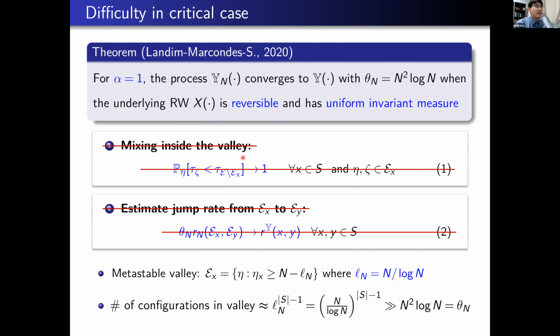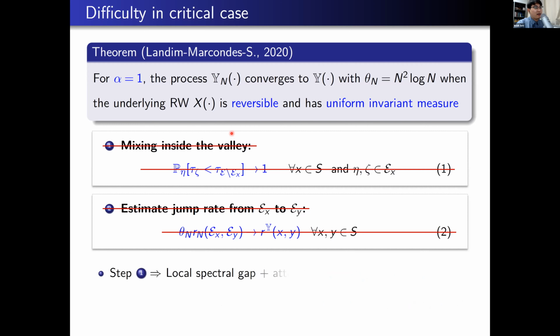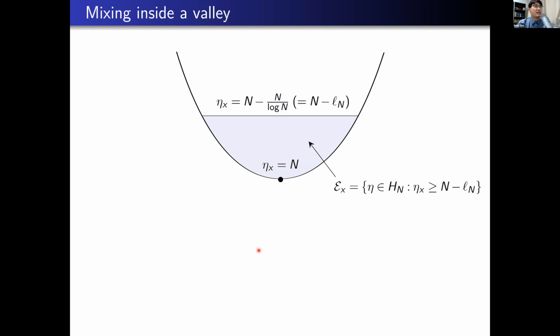So we have to replace them in other results, and we replace the first one with local spectral gap and certain attracting property. Let me explain why. Now we cannot expect this kind of strong notion of mixing. So we prove a slightly weaker notion of mixing than that one, and I'll explain them.